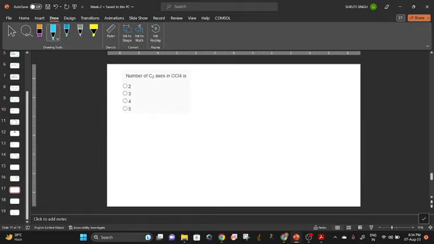Okay, the next one is the number of C2 axes in CCl4. I told this just now. How many will be there? Four. Passing through opposite V's.